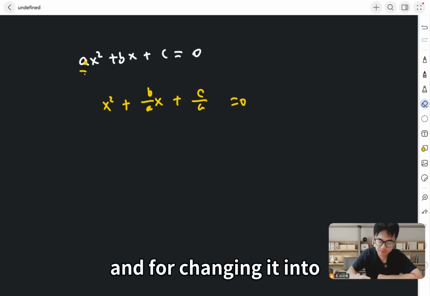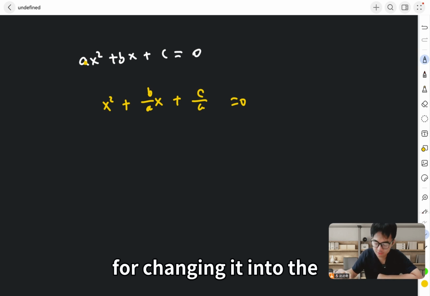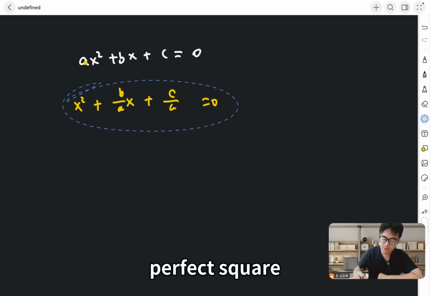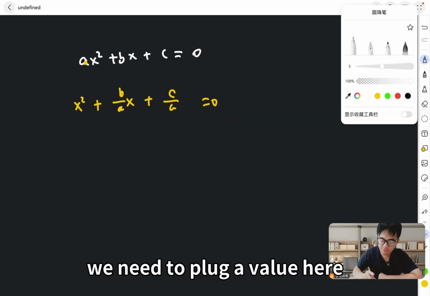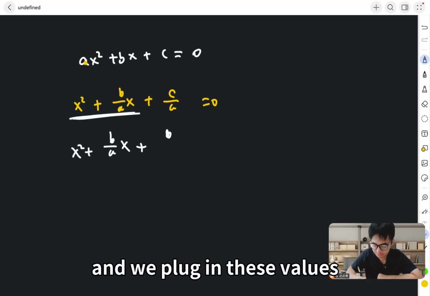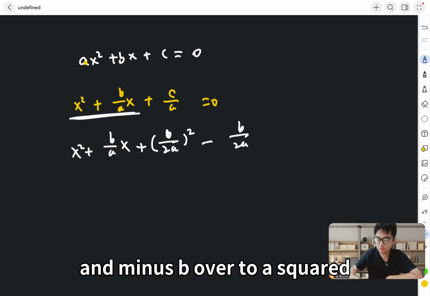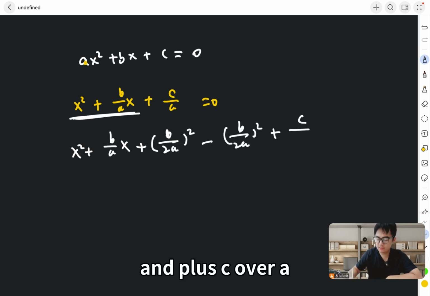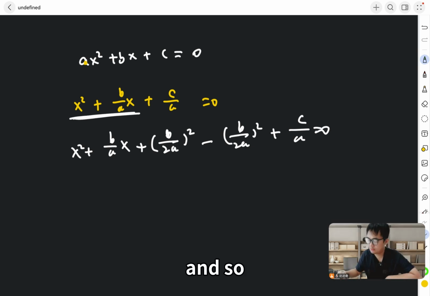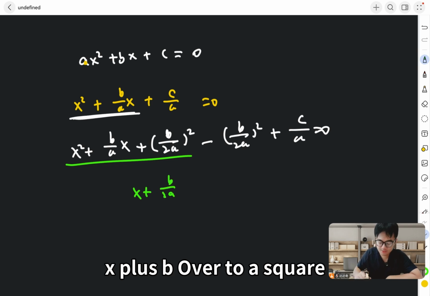And for changing it into the perfect square, we need to plug a value in here. So we see x squared plus b over a x, and we plug in these values, b over 2a squared and minus b over 2a squared, and plus c over a. And so this middle part could be rewritten as x plus b over 2a squared.